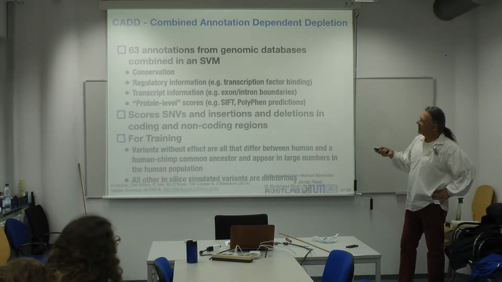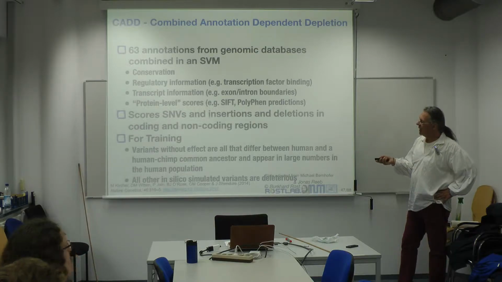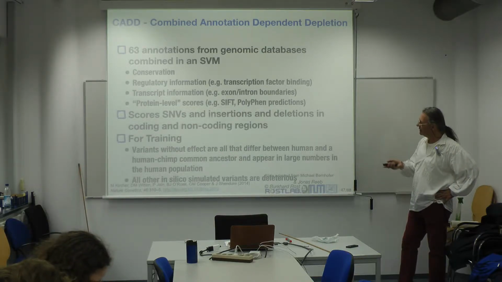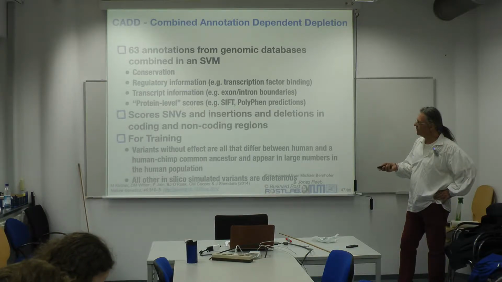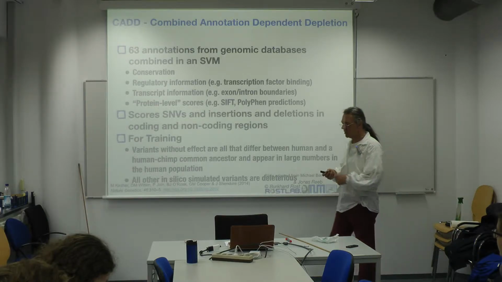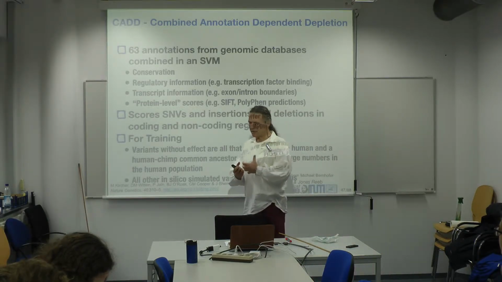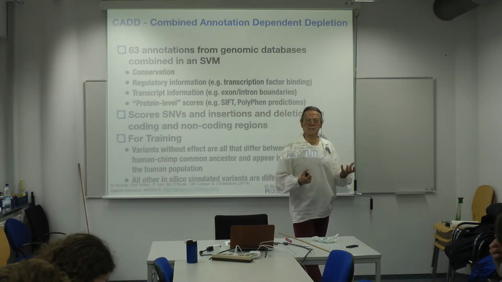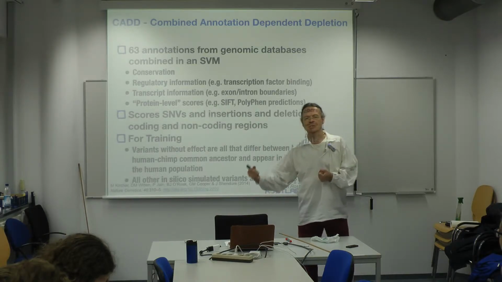So essentially, the idea behind that one here is we train on variants without effect that differ between human and human-chimp common ancestor, and appear in large number in the human population. Essentially, it takes apart things that we see in evolution in relatively similar organisms and things that cause disease.